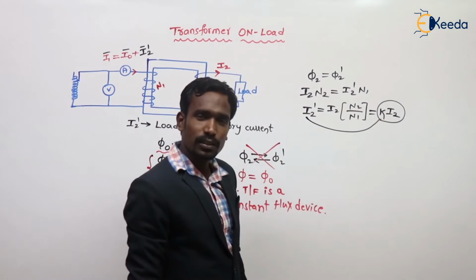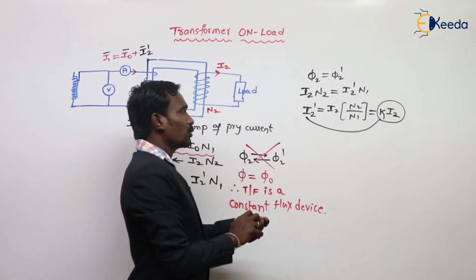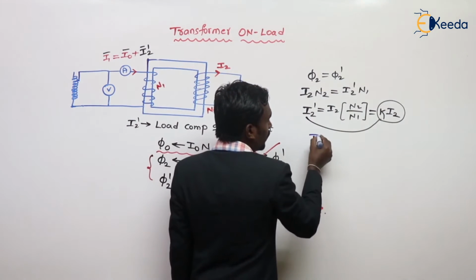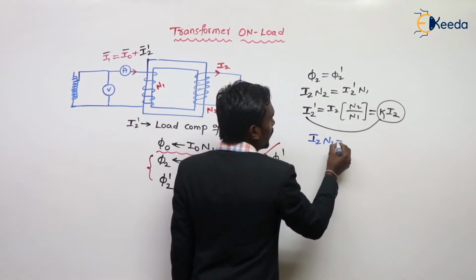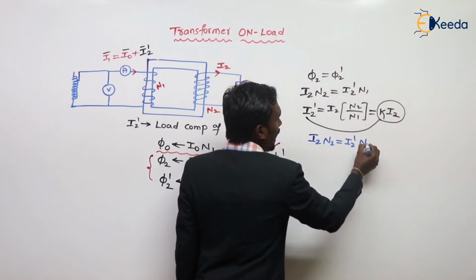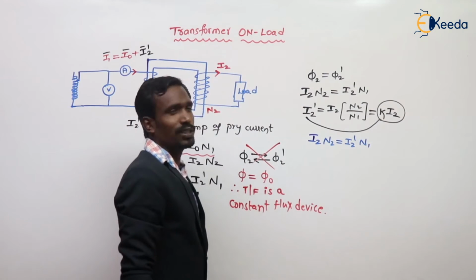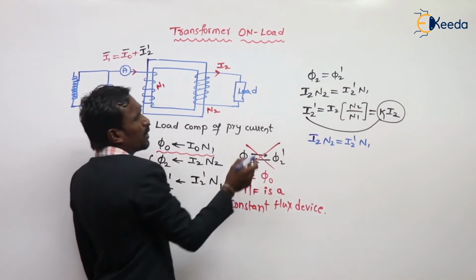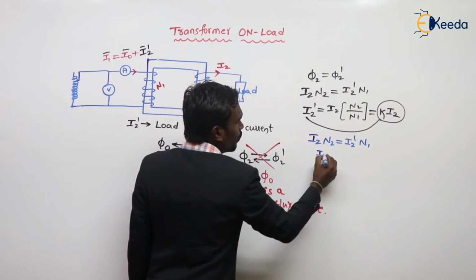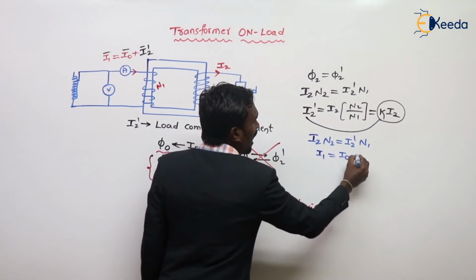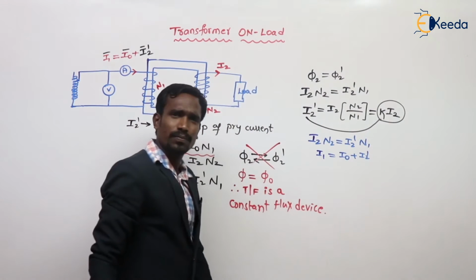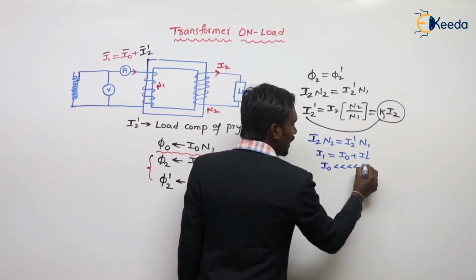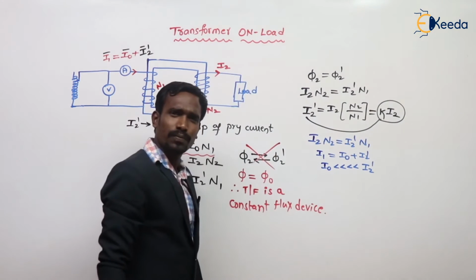This is very important. And another conclusion. See here, again I am taking this one. I2 N2 is equal to I2 dash N1. Yes or no? Generally, I1 is the sum of I0 and I2 dash. But this I0 is very much less than I2 dash.